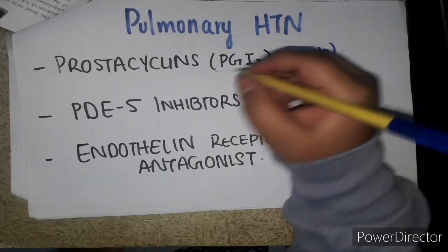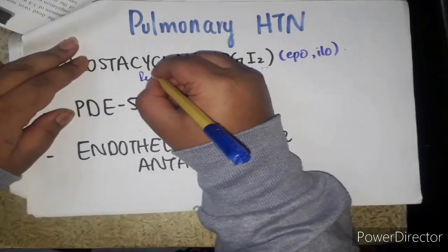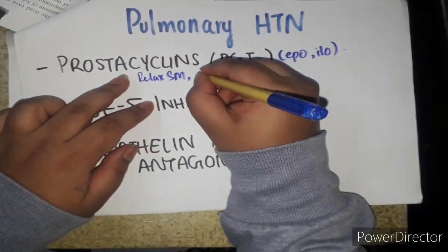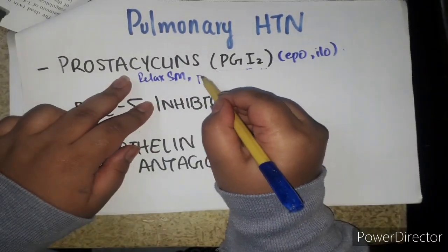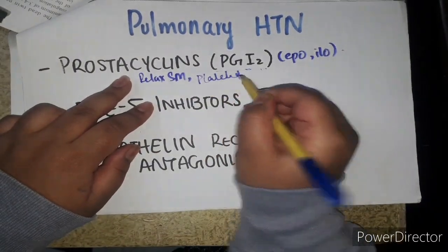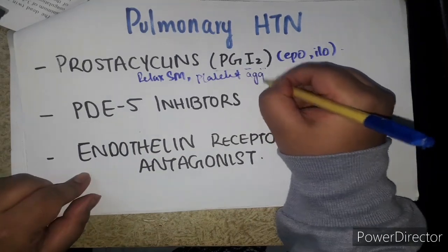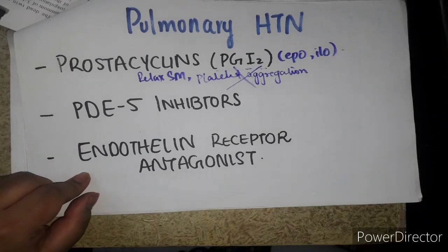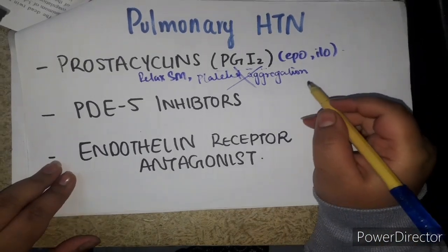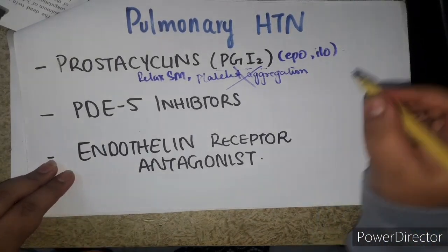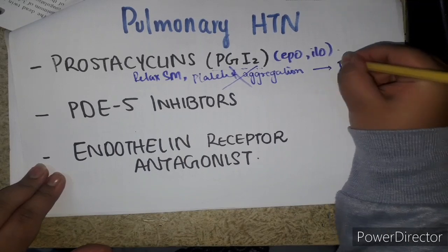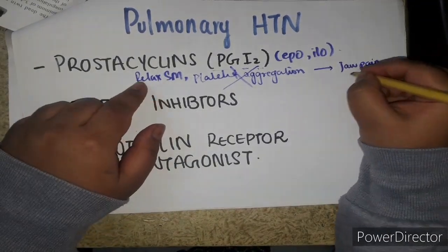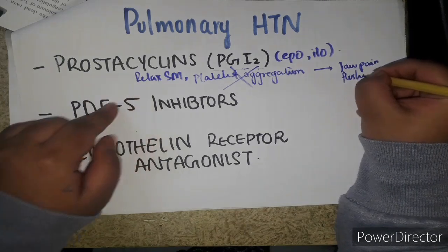Along with that, they relax smooth muscles, and they also prevent platelet aggregation. However, they have a very weird side effect. They cause jaw pain. And as they're vasodilators, they cause flushing, okay?